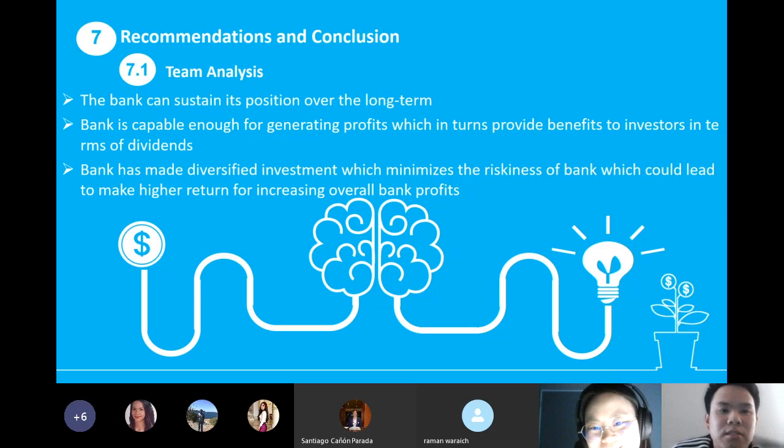I recommend the investors to invest in ANZ Bank because of the outcome of the calculations of our group. But as you can see, the aspects you have explained here are team analysis and information research. You didn't really mention anything about the calculations, the financial performance results, to support your ideas.